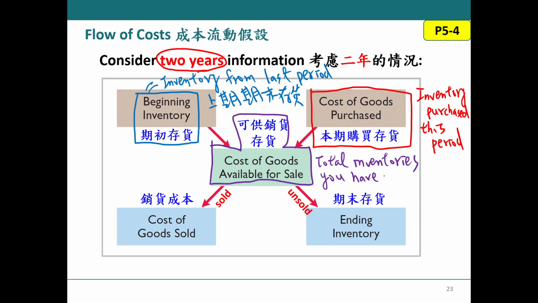So right now the total inventory we have is beginning inventory plus the inventory purchased this period, right? Then we are going to sell it, right?